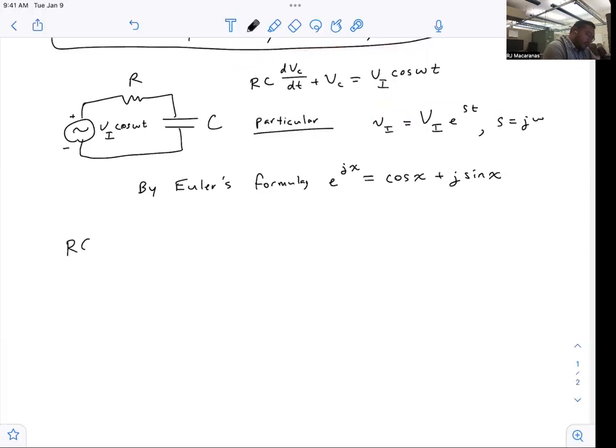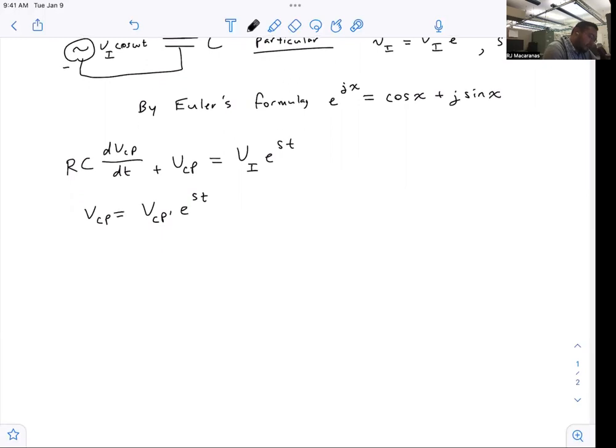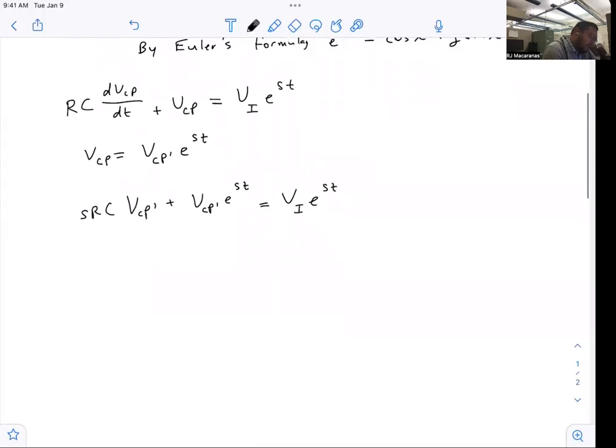So we're going to take a look at RC dVcp/dt plus Vcp, so we're looking at this particular solution to this Vi e to the st. And we're going to assume a form of Vcp is some Vcp prime e to the st, which then gives us the first derivative, and s pops out, so we've got sRC Vcp prime plus Vcp prime e to the st is equal to this Vi e to the st. And so all these e to the st's cancel out.